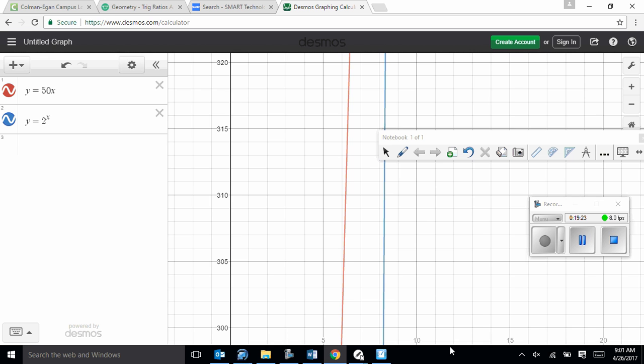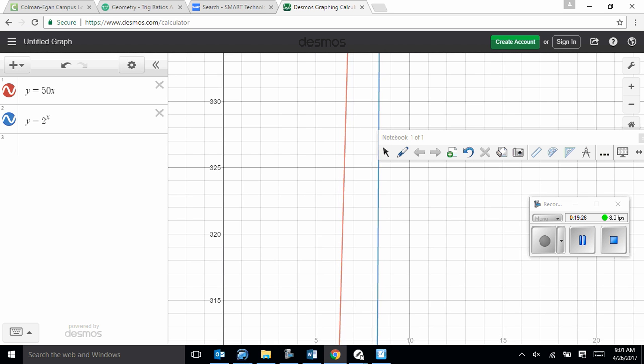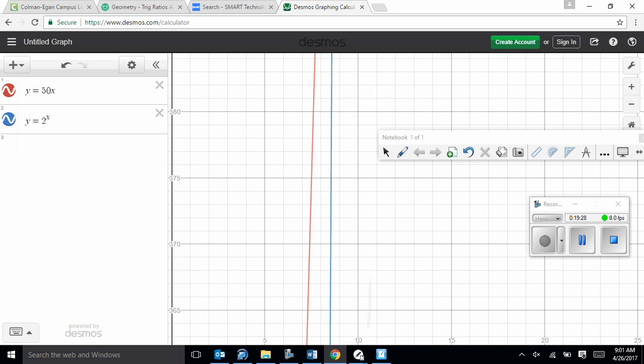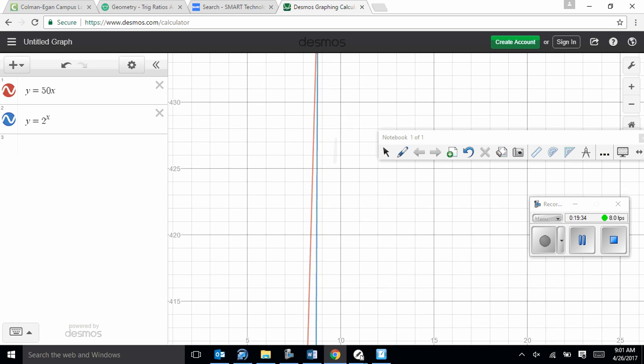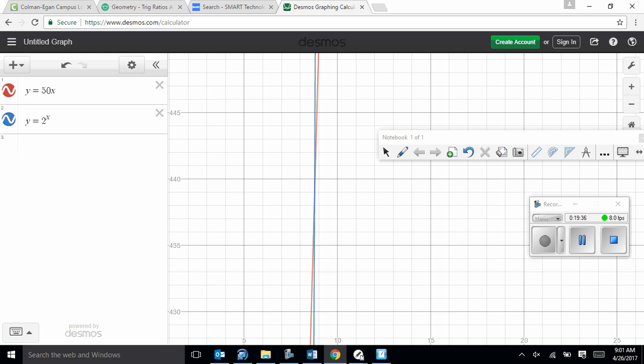But if I scroll down, go up, what's happening to my lines? They're getting closer, right? And then what's happening right here? They're intersecting, and they have an intersection point at 8.778. And so at that point, they have the same output.